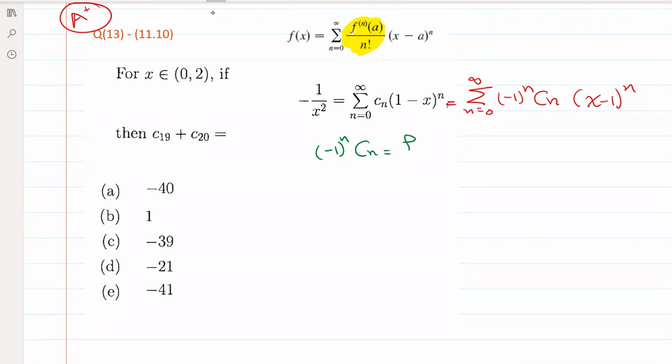It will be f nth derivative over n factorial. We call it Cn. In this case, it is equal to that. So (-1)^n equals Cn of this. Is that clear, the first step?